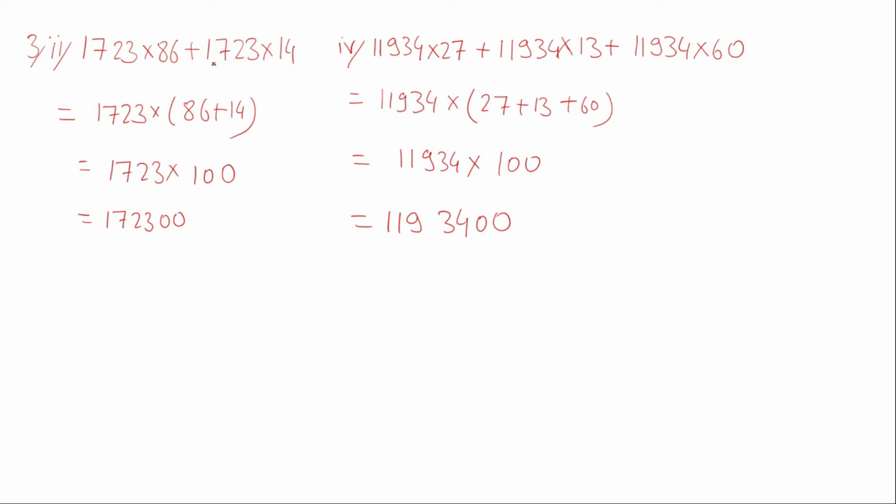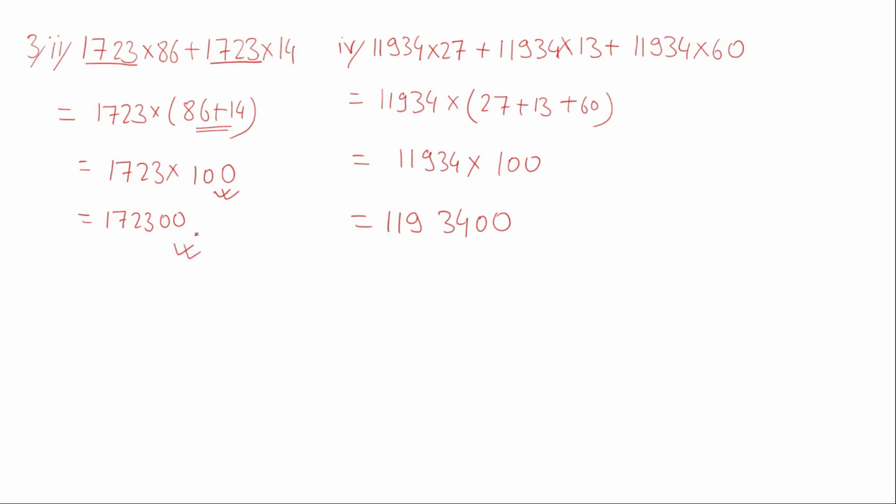In both the terms we can see 1723 is common. So we will take 1723 common, and what is left inside the bracket will be 86 plus 14. We know 86 plus 14 will be 100. So simply multiply 100 with 1723.